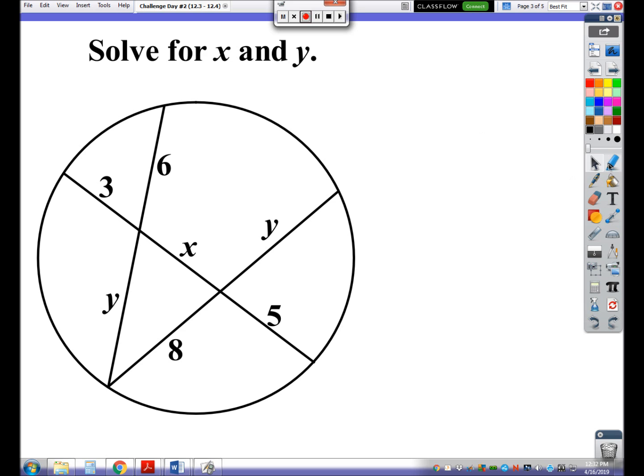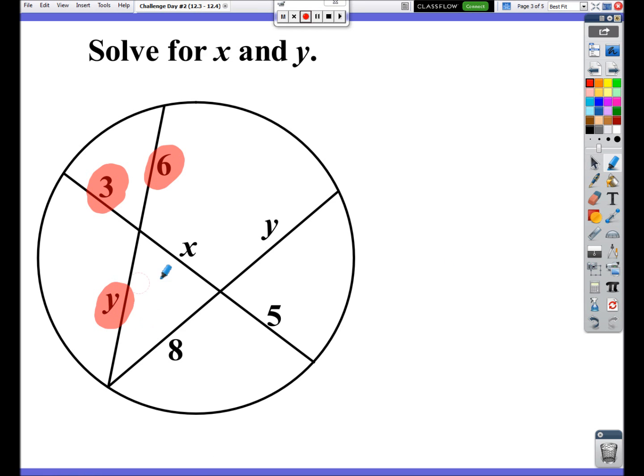Problem 2, we've got a circle and we got a bunch of segments going on here. We have a bunch of chords crisscrossing paths. We have all these various values here, and we're trying to figure out what are specifically X and Y. Well, in our chords, we can only really deal with 2 chords at a time. We have to find the chords that are intersecting paths with each other.